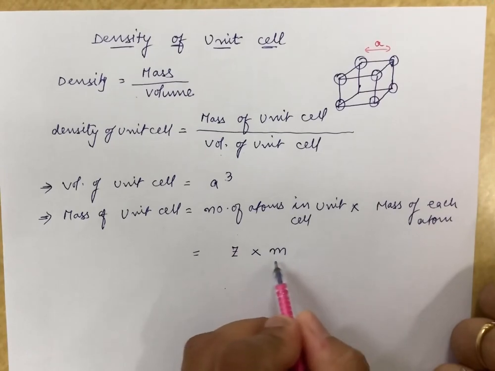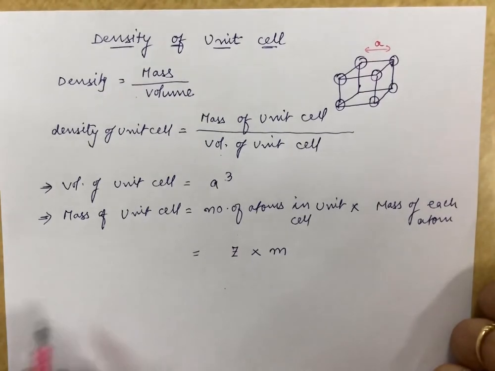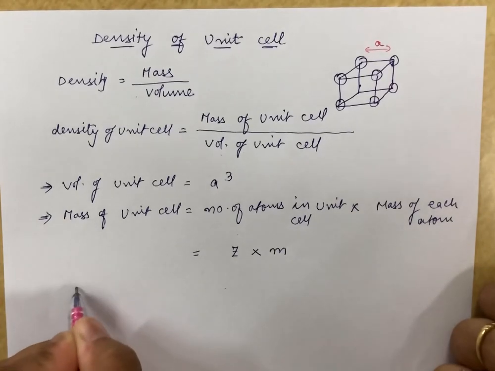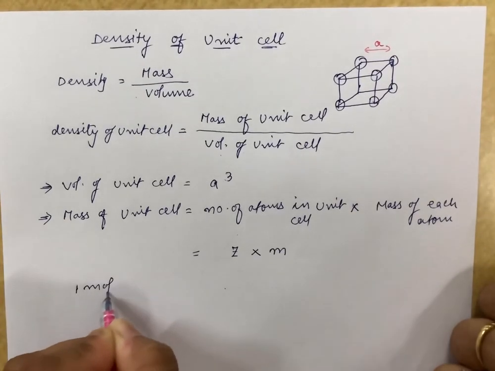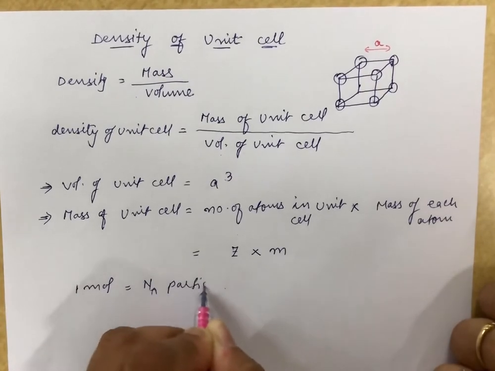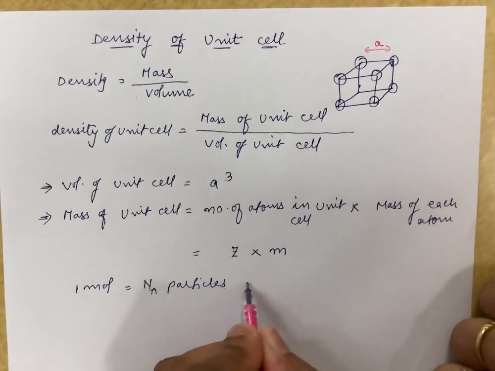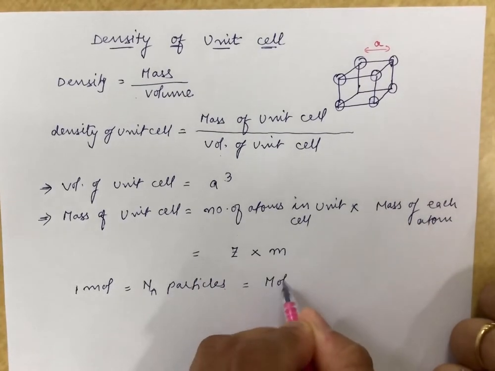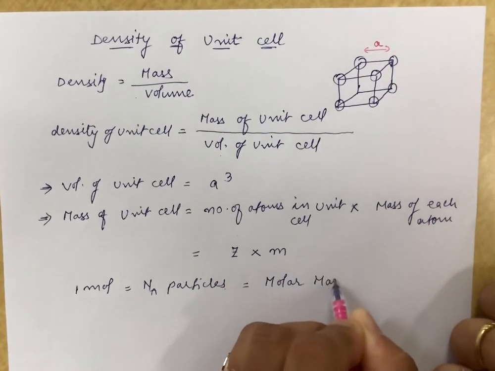Now mass of each atom, how to find that? We are well aware that 1 mole is nothing but Avogadro number of particles, and Avogadro number of particles has a mass equal to the molar mass.